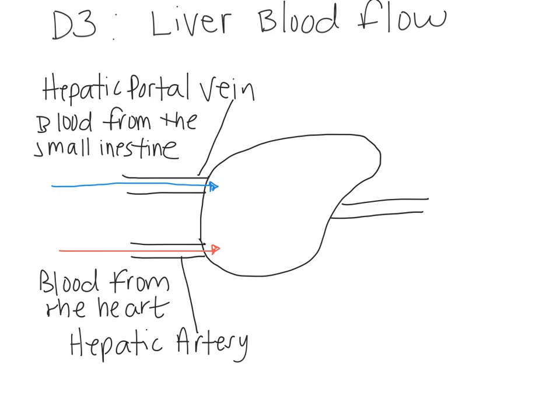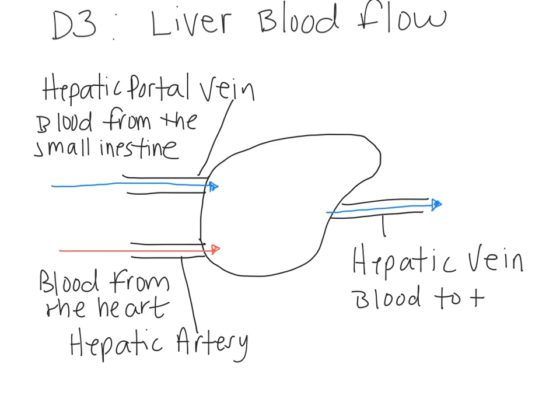They're going to do a lot of magical things, and out from the liver is going to come a bunch of deoxygenated blood through this blood vessel called the hepatic, hepa meaning liver, vein, and this blood is going to go to the heart via the vena cava.